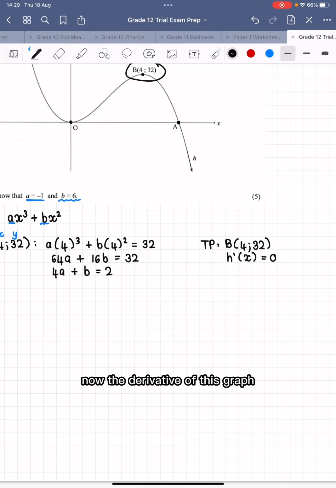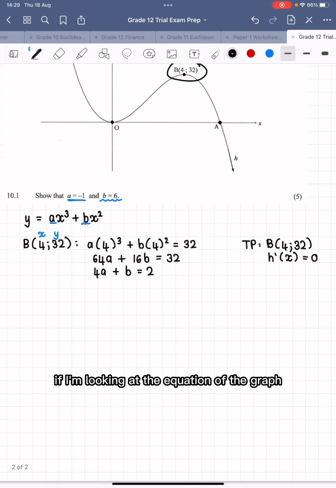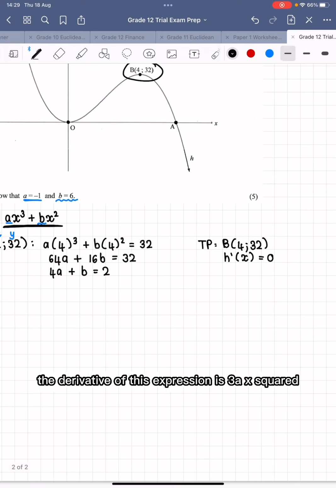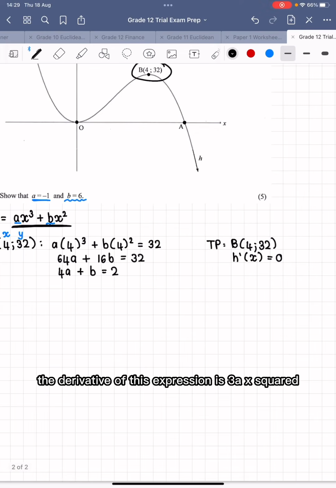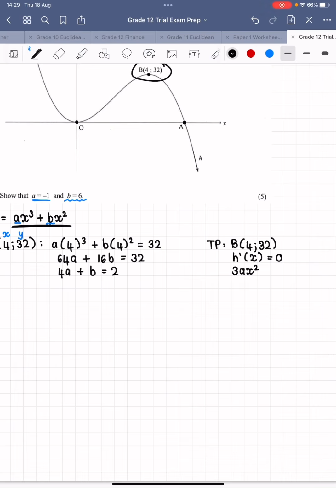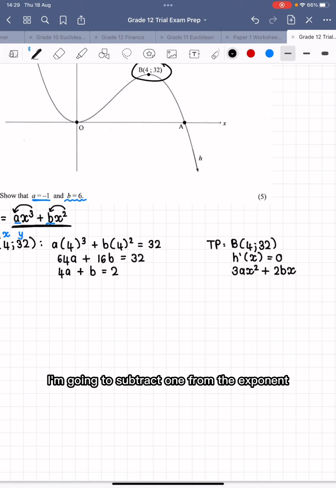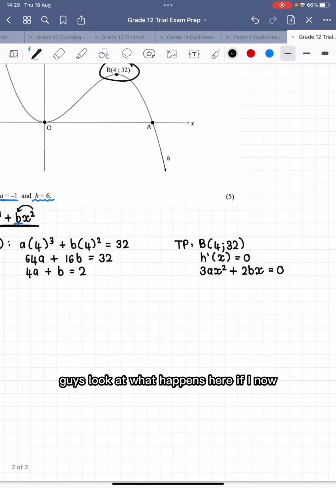Now the derivative of the equation of the graph that they gave me is 3ax squared. So you take the exponent to the front, multiply it by the coefficient, and then subtract 1 from the exponent. Plus, if I do the same thing with bx squared, I'm going to take that 2 to the front, multiply it by b, and subtract 1 from the exponent, and that will be equal to 0.